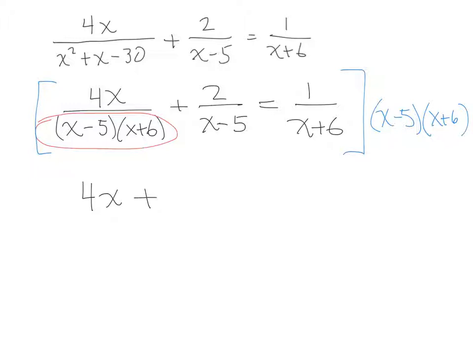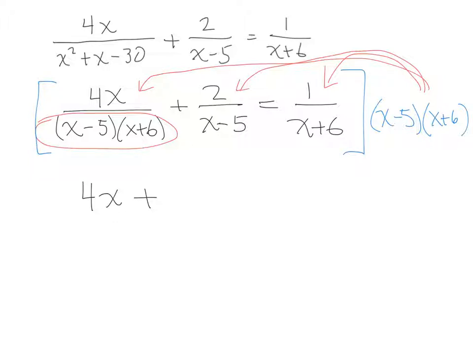Now, in the second term, the x minus 5's cancel when we multiply, so let me remind you that what we're doing is distributing to each term here by writing it like this. So remember, we've created this multiplier of x minus 5 and x plus 6 so that the x minus 5's cancel and the x plus 6's cancel.